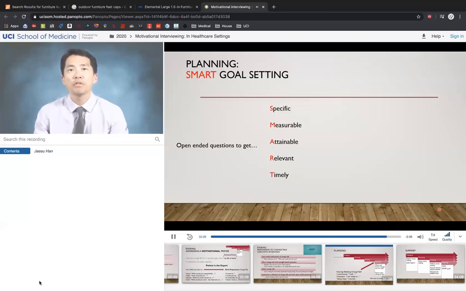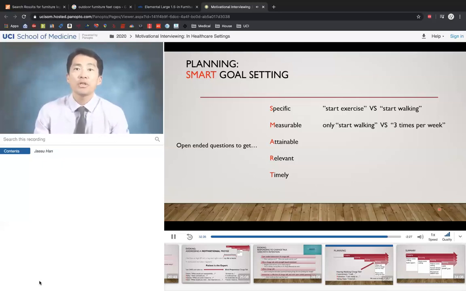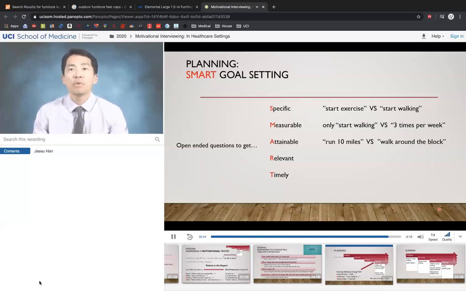So what is a specific goal? Well, it would be, for example, start walking rather than simply start exercise. What's measurable? Three times a week is measurable, whereas only walking is really not very measurable, other than whether they're doing it or not. Attainable would be maybe starting off by walking around the block for someone who's been sedentary, versus running 10 miles, which may not be particularly attainable or certainly not sustainable.